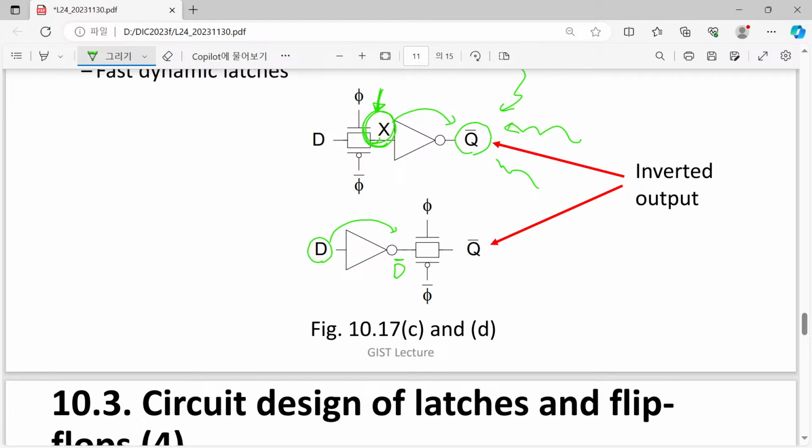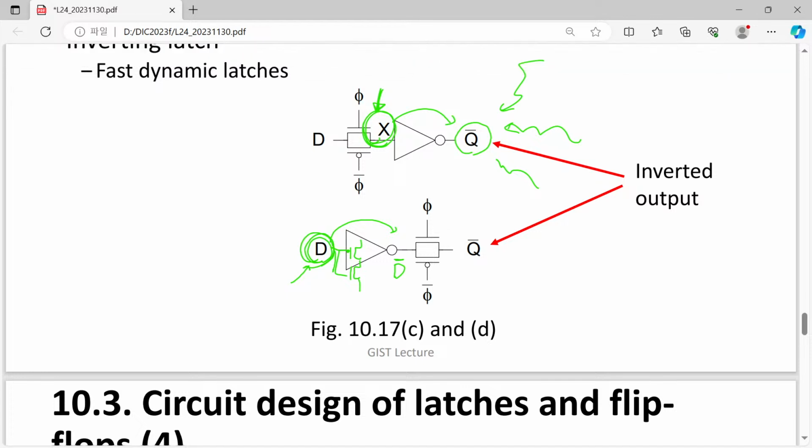So from the viewpoint of D, it is just applied to the gate of our transistors. In order to build this inverter, we have a PMOSFET and an NMOSFET, and their gates are connected this way. So now D can be quite safe from this diffusion input problem.